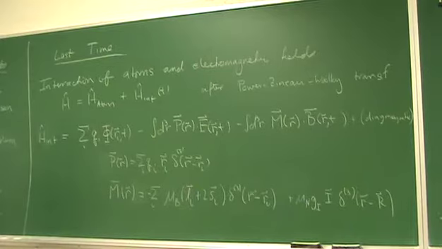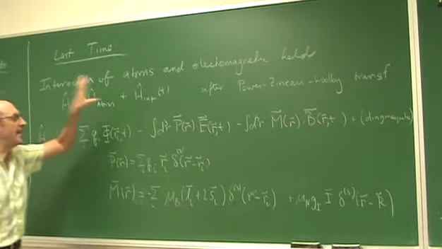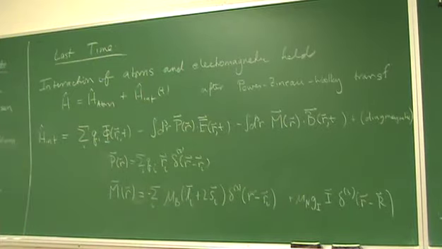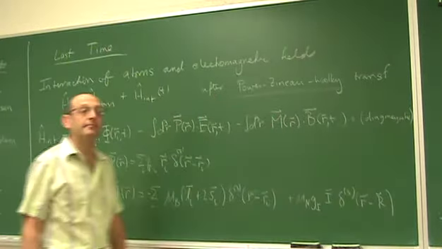We can rewrite the Hamiltonian separately as the atomic Hamiltonian and then the interaction of the atom with the electromagnetic fields. That particular transformation is known as the Power-Zienau-Woolley transformation.